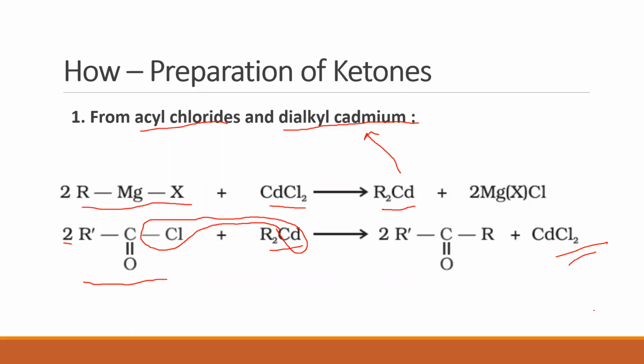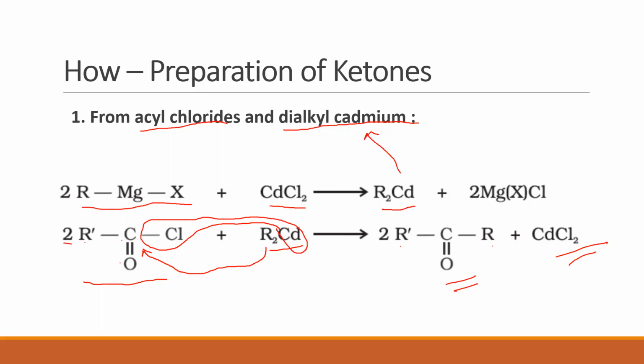In place of the chlorine, the R group comes in and forms a bond with the carbon atom. The moment it forms a bond with the carbon atom, I get R'COR, which is mentioned here, R'COR, which is nothing but my ketone.